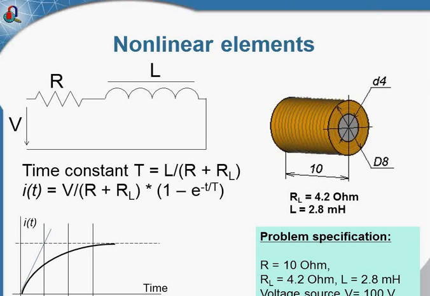And in case of linear inductor, we have the analytical solution, and the peak value of the current depends on the ratio of the voltage source to the total resistance in the electric circuit, and the rise time, the speed of our transient process, depends on the time constant.